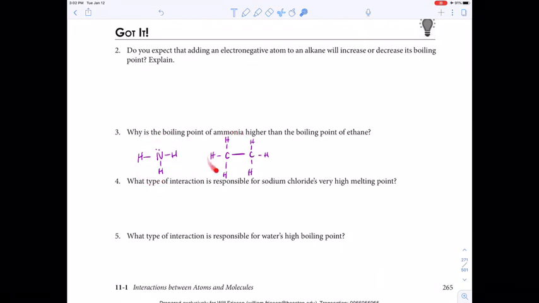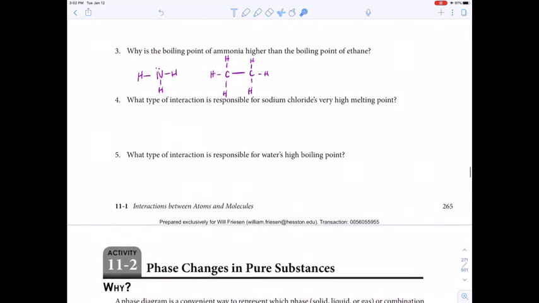Ammonia can hydrogen bond. This molecule, ethane, is nonpolar. It doesn't have lone pairs. It doesn't have a permanent dipole. It has London dispersion forces. So ammonia, stronger intermolecular attractions, higher boiling point.